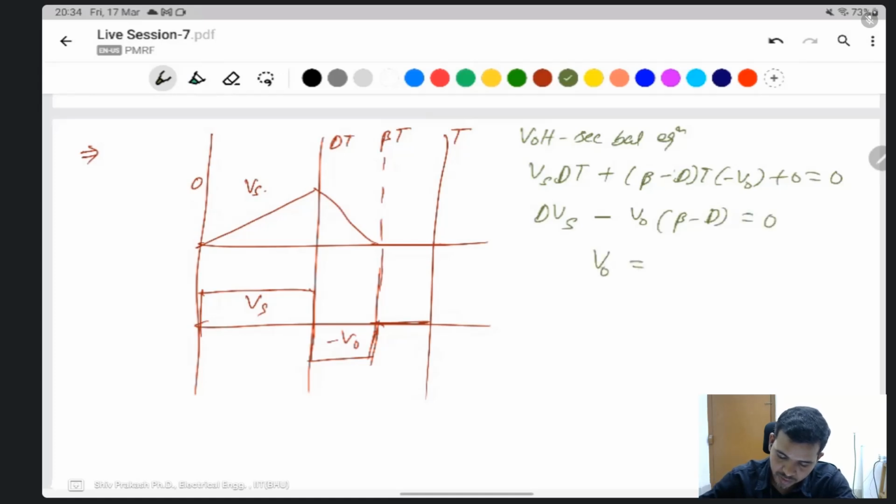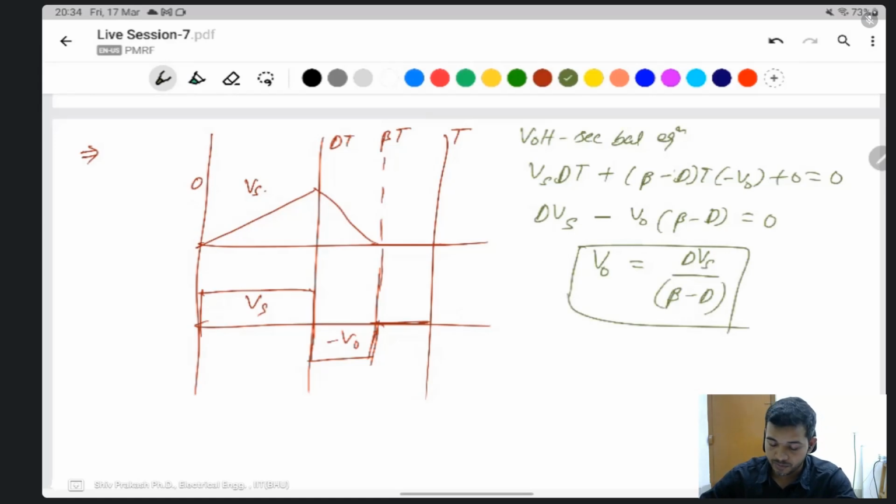V naught is equal to d Vs by (beta minus d). This is the output voltage for continuous and discontinuous conduction. In continuous conduction, beta will be 1.